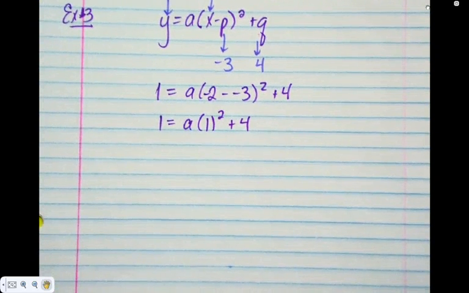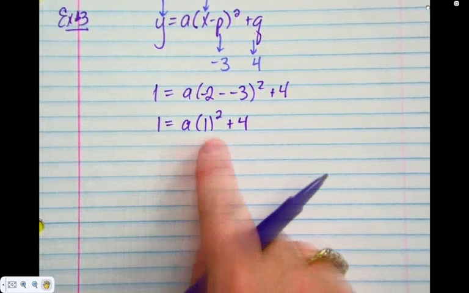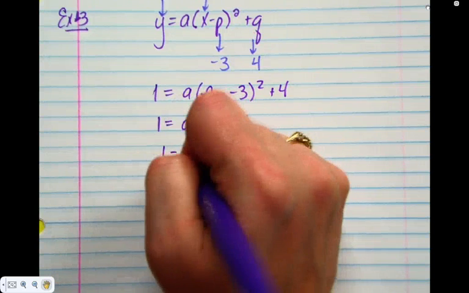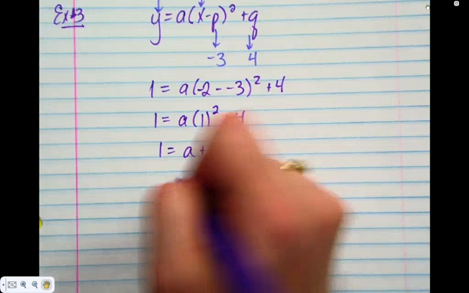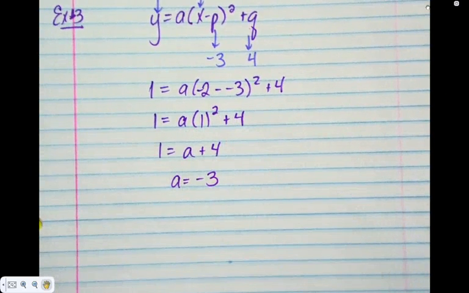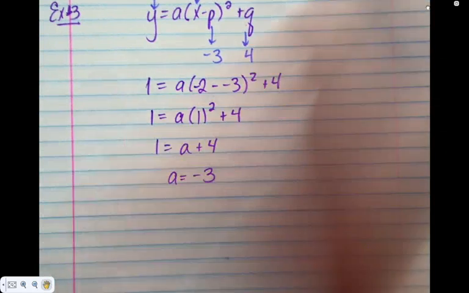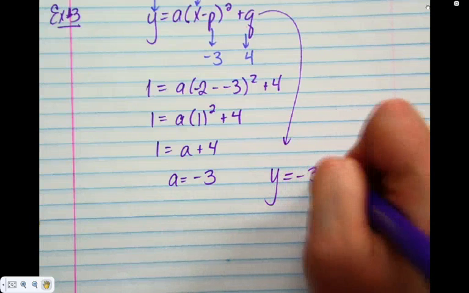What do we do now after brackets? Exponent, 1 squared, times A. How do I solve for A? The last step is just grabbing the first step and putting in our A and our vertex.